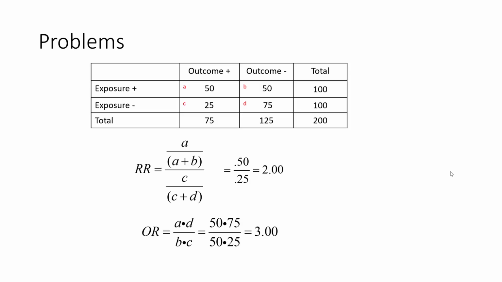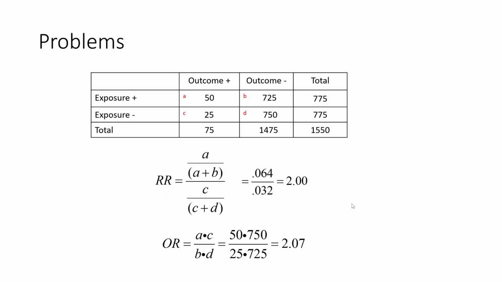And then remember finally that odds ratios are a good estimate of relative risk when the outcome is rare. But here we have a common outcome. And so odds greatly overstate the risk. We had a risk ratio of 2 for this example and an odds ratio of 3.